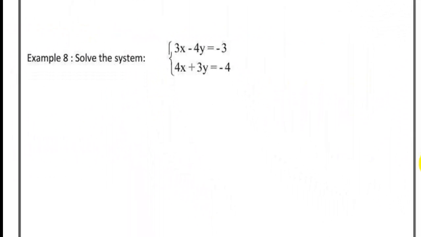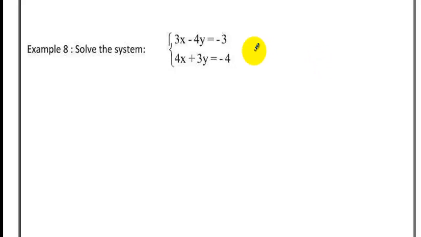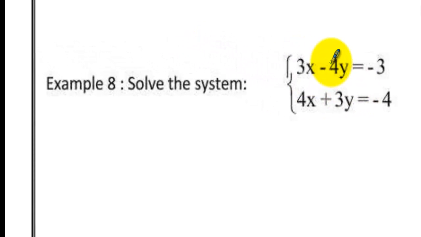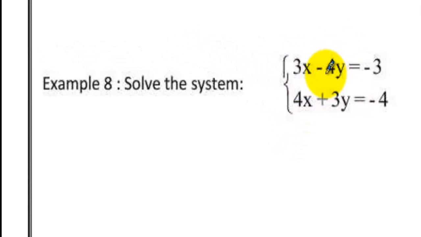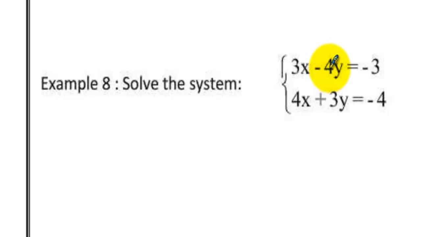Okay. Example number 8. So let's say we would like to eliminate our y. So I'm going to make this equal to negative 12y, and I'm going to make this equal to 12y. To make this equal to negative 12y, I will multiply by 3.